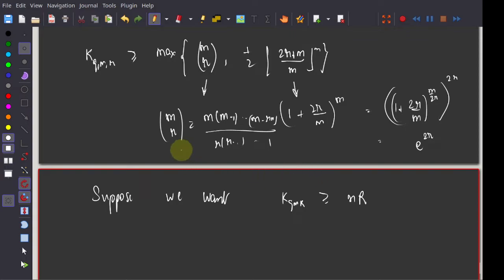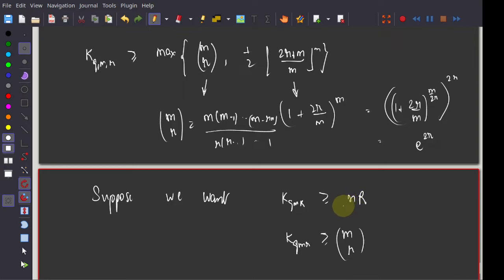So again, certainly k of m, r we know is greater than or equal to the maximum of these two, and therefore is greater than or equal to m choose r. Now, how do I want this to grow? I want this to grow as 2 to the something times n. What is n equal to?